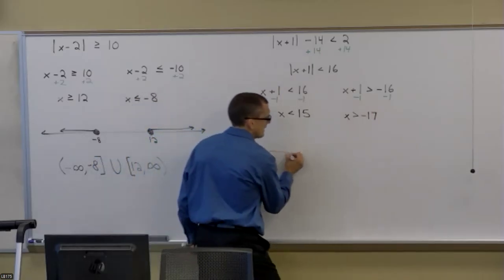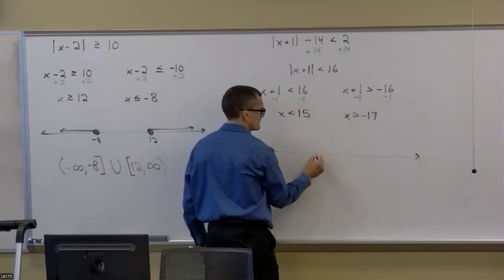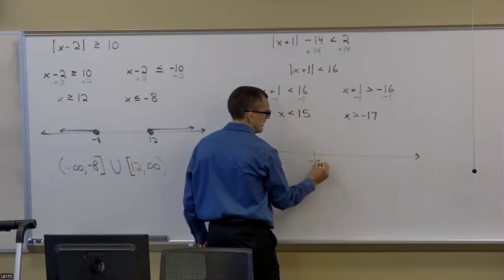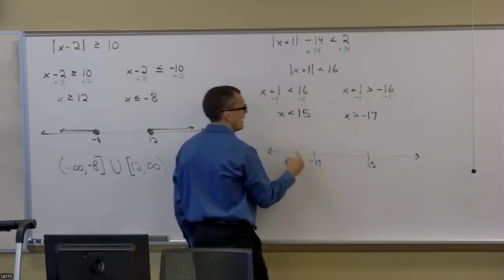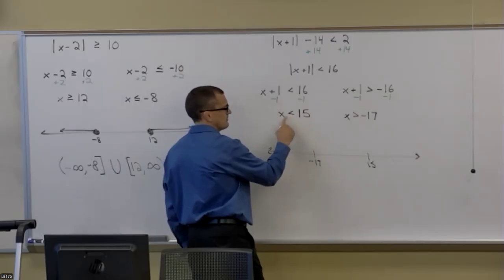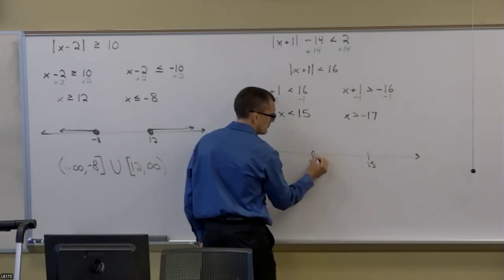In this case, basically on a number line, -17 is obviously to the left of +15. We don't have the equal to signs, so we draw open circles.